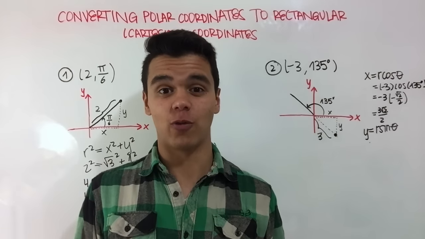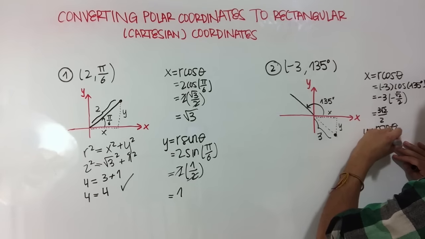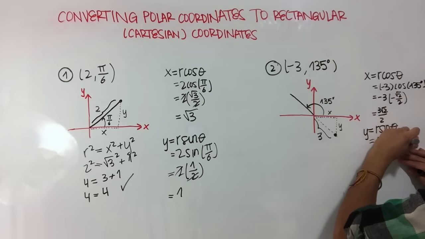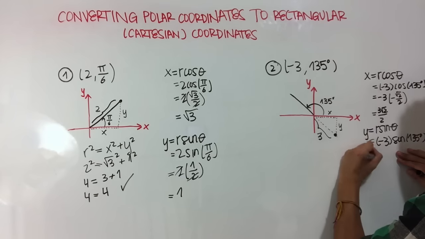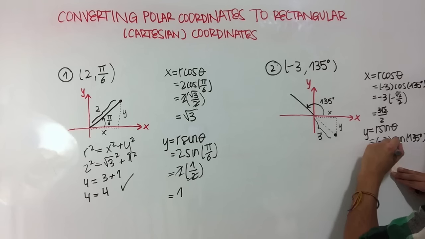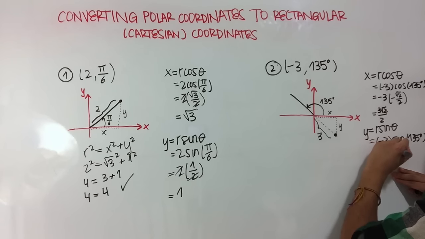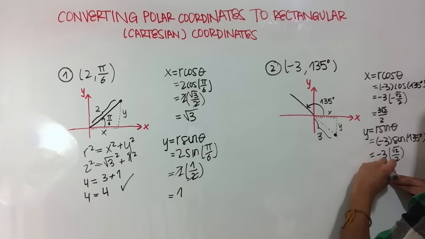Finally, let's solve for y. So y is equal to our radius, which is -3, times the sine of 135 degrees. So -3 times the sine of 135 degrees, which is positive square root of 2 over 2. That's equal to -3 times square root of 2 over 2.